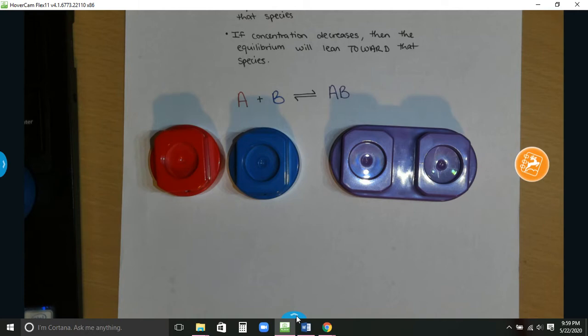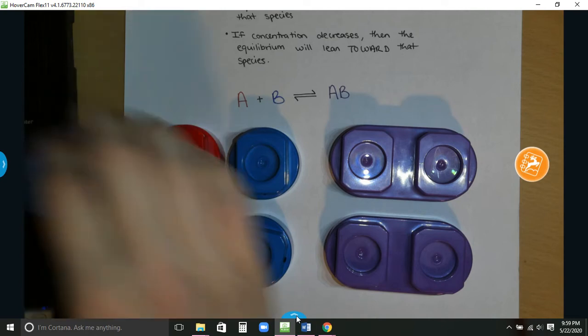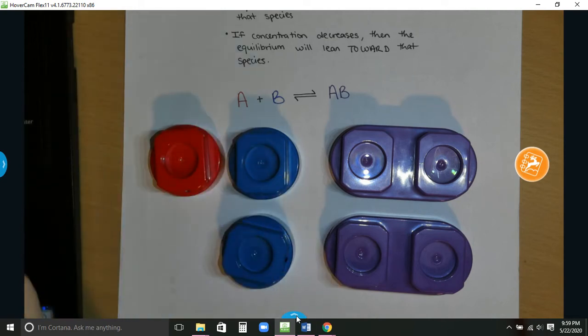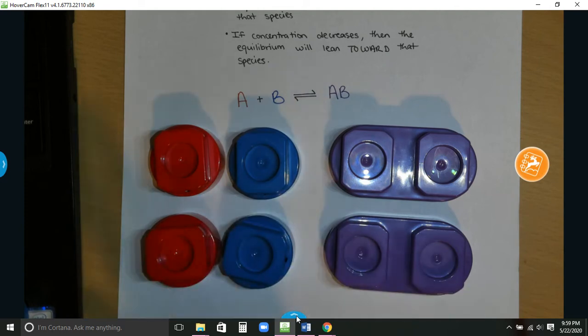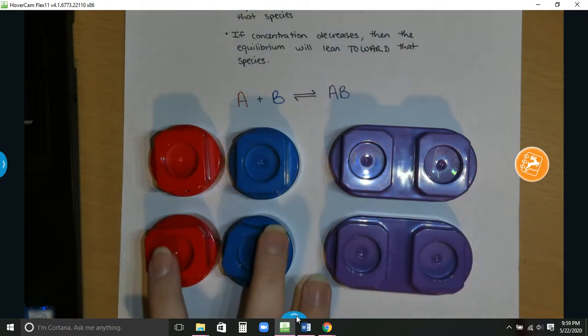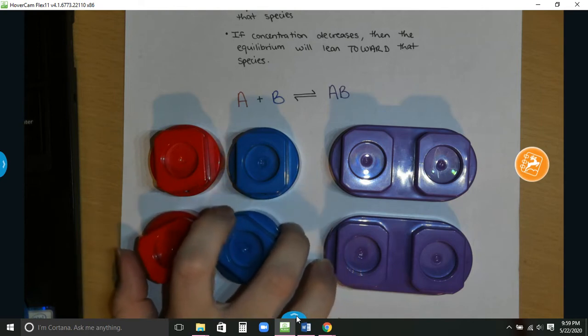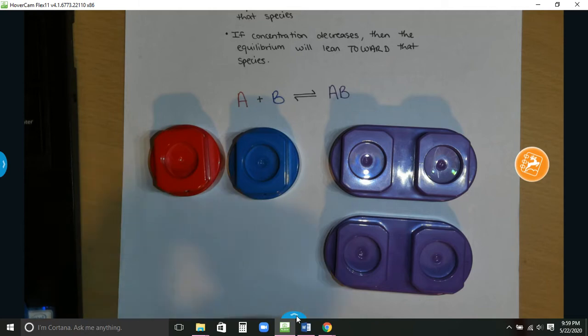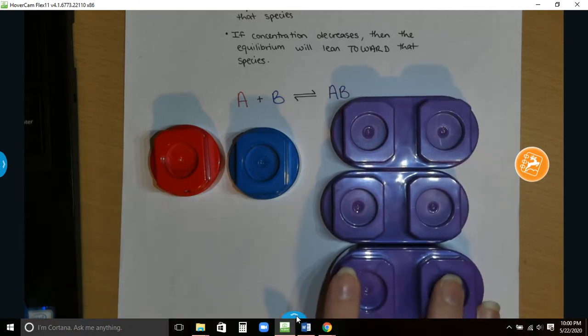Now I'm going to go ahead and double my concentrations of all of these, because if these were in a chemical reaction, of course we would have lots and lots of molecules moving around. So we'd have to imagine that all of these are constantly moving and changing, and that as A and B collide together, a new purple block of the chemical species AB is formed.